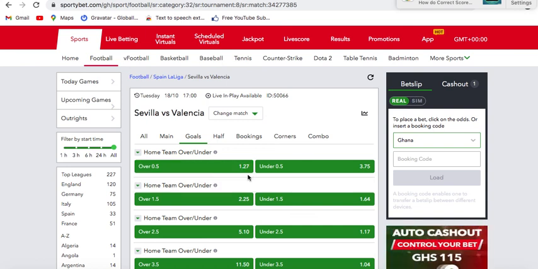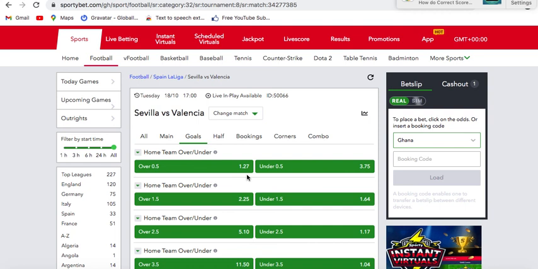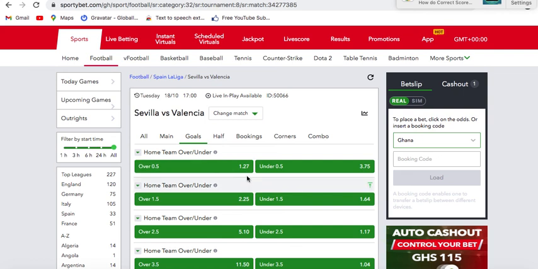And remember this: anytime odds are given to any market like 0.5 or 1.5, and the odds are ranging under 1.30, that means the team can score above that goal given to the team.